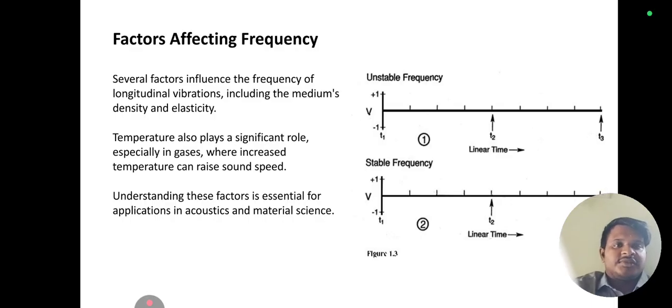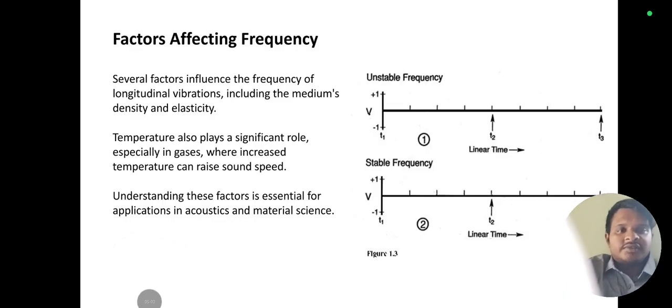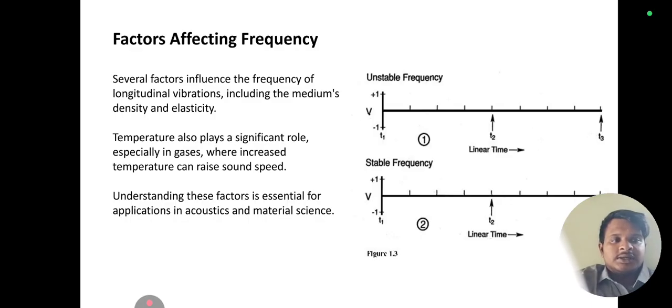Factors affecting frequency. Several factors influence the frequency of longitudinal vibrations, including the medium's density and elasticity. Temperature also plays a significant role, especially in gases, where increased temperature can raise the sound speed.